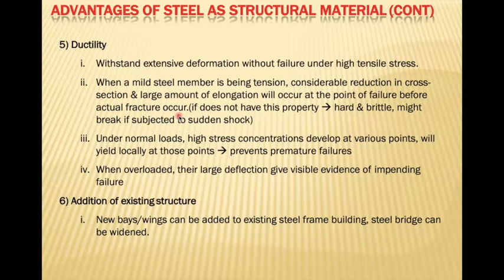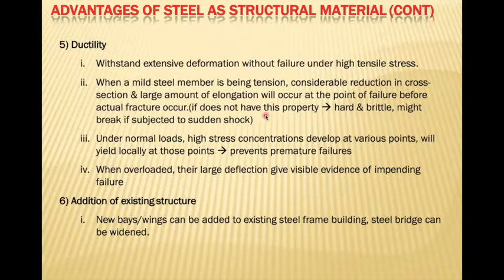As we can see here, if we have a steel reinforcement or a steel bar under tension, under a pull-out force, the steel will elongate and its diameter will reduce. Therefore, at some point after the diameter has been reduced, it will fail, which means it experiences actual fracture.